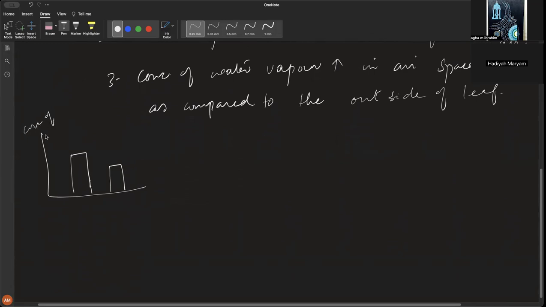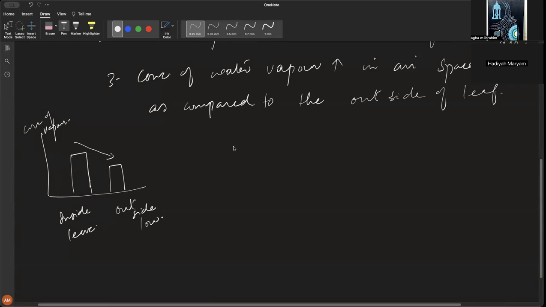Concentration of vapors inside the leaf is high, and outside it is low. So it's going to move down the concentration gradient, from a region of high concentration to a region of low concentration, right?